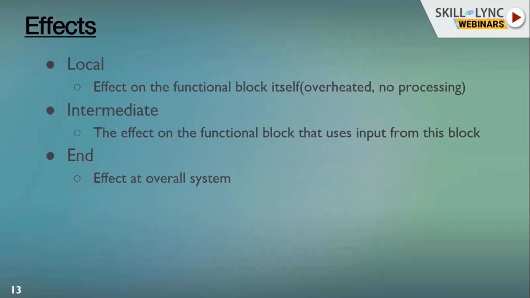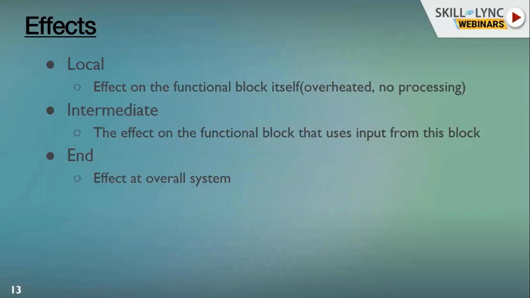Effects are local, intermediate, and end effect, which is either the overall system or the overall user perspective. Intermediate is in between the system that you are studying and the customer, whatever is there. Local is the functional block that you are looking at, for example it is overheated, it will not be doing any processing, or it will not be providing the number input.